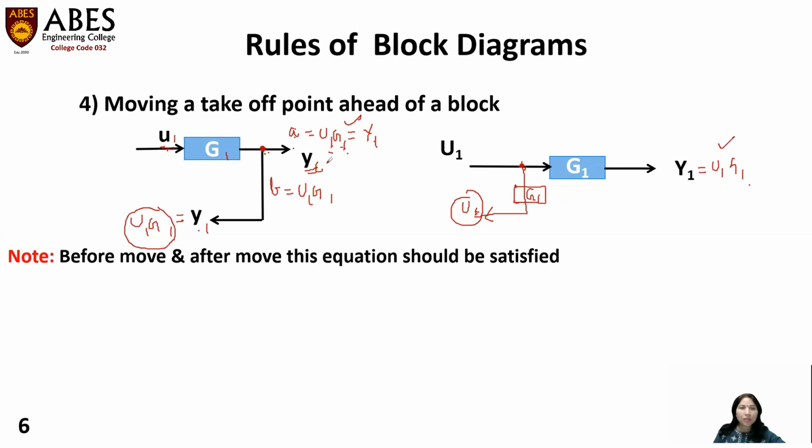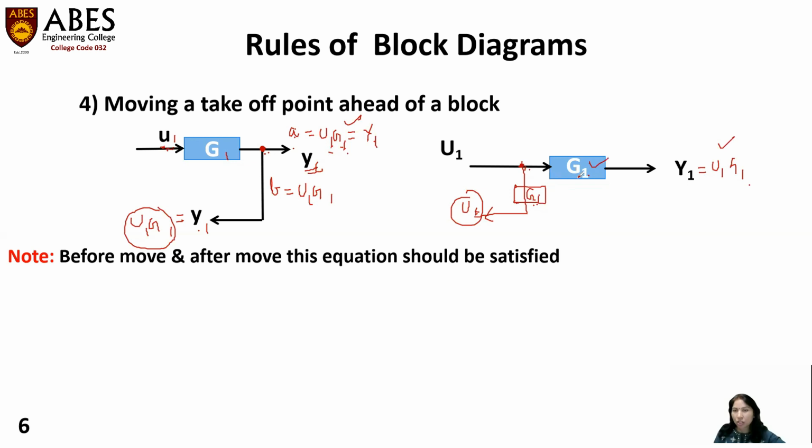So from this rule, we have learned that moving a takeoff point ahead of a block means we have to add one block having the gain of g1, right? That means the block before which you are moving the takeoff point, the gain value of that block you have to add here, right? We have to add one block having the gain g1. g1 means what?